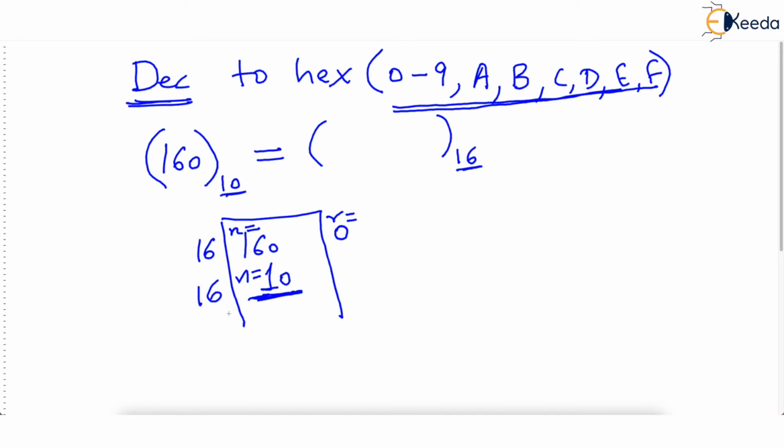But we are talking about integer arithmetic, so division of 10 by 16 is not possible. The only thing we can do is say 16 into 0 is 0 and the remainder is 10. Of course, whatever the number is, it is the remainder, because 16 multiplied by 0 is 0 and what remains is 10 as the remainder. This is the new remainder that we have got.